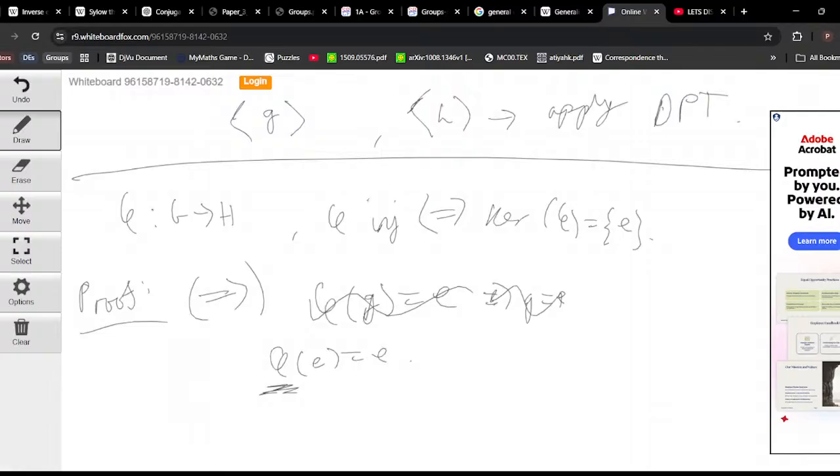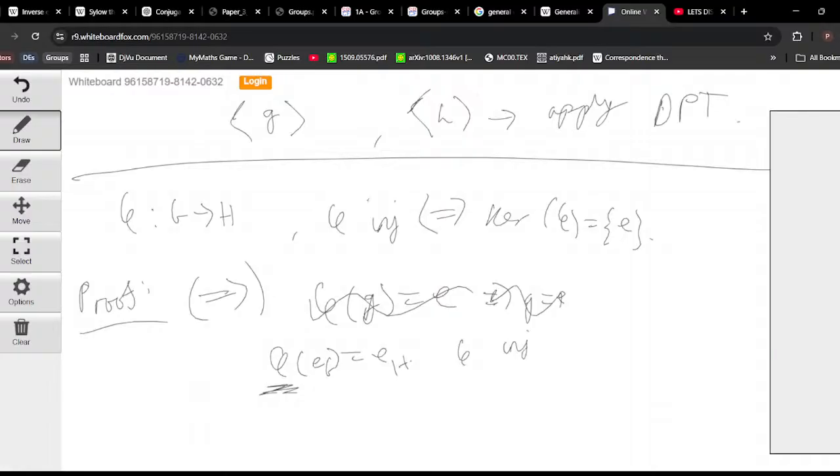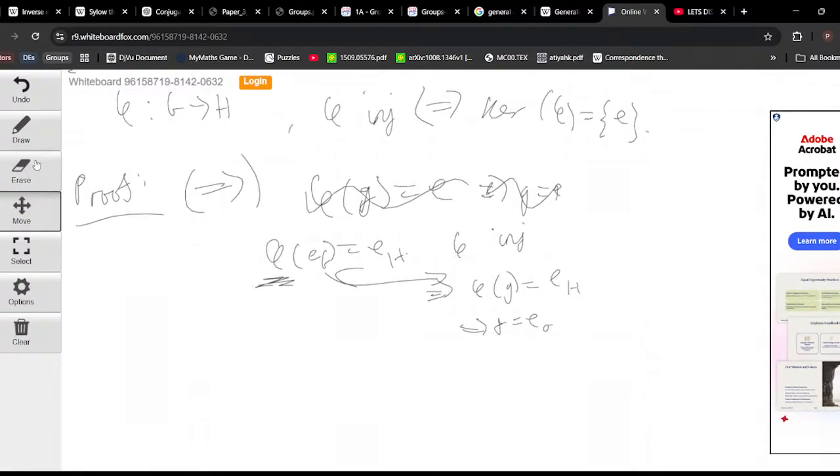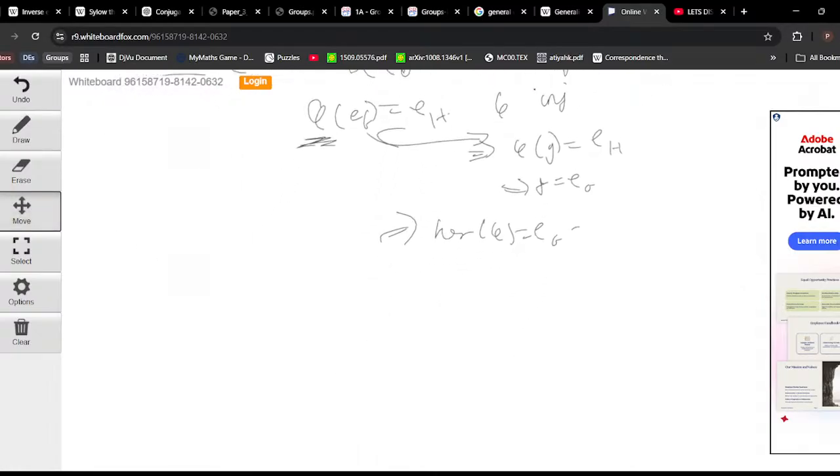By the way, this is the identity in H and this is the identity in G. Sorry, I should make that clear. But phi is injective, so if phi of G is also equal to E_H, then these two inputs must have been the same, which means that G has to be equal to E_G. But that precisely means that the kernel is trivial. So that's one easy direction. The other direction is also quite easy, but it's slightly more surprising.